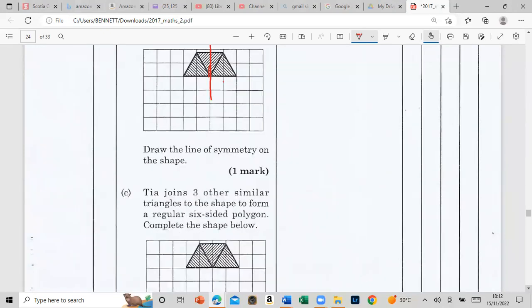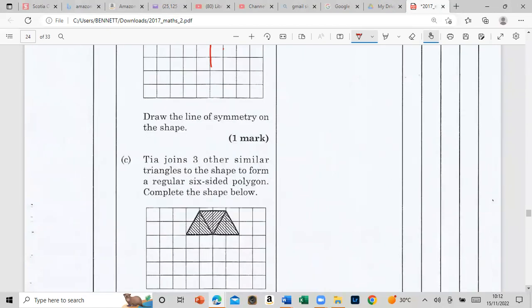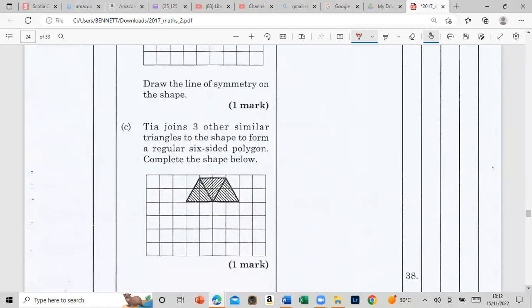Alright, C says Tia draws three other similar triangles to the shape to form a regular six-sided polygon. Complete the shape below. Alright, so you want a six-sided figure. So bam, this.